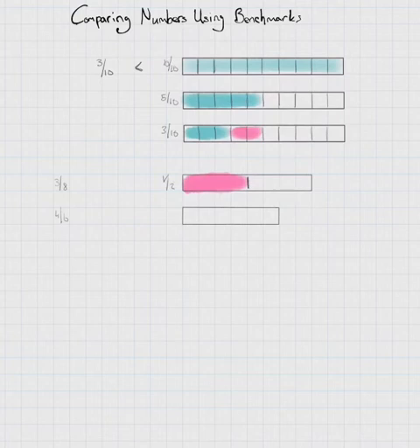So this is a half. Is 3/8 bigger or smaller than a half? Well, 3/8 would be, let's put these lines in, 3/8 would be 1, 2, 3. But 4/8 is slightly bigger than that. It's 1/8 bigger. So I'm going to say that 3/8 is smaller than a half.